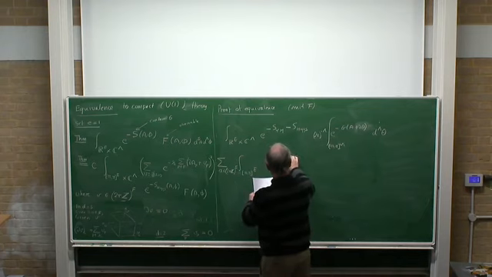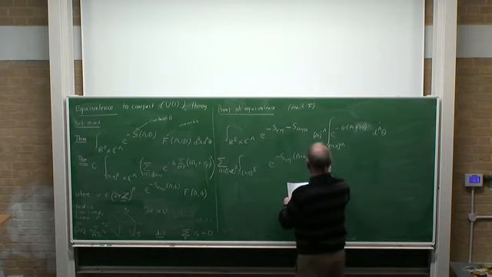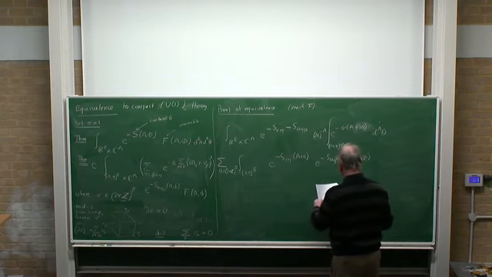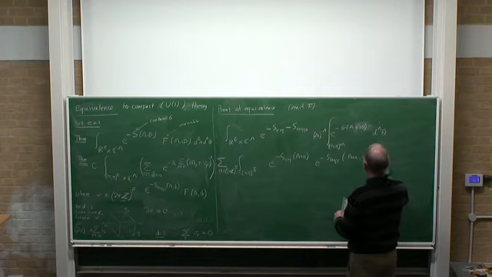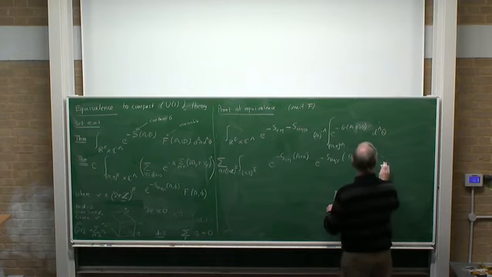S Yang-Mills, capital A plus little a. E to the minus S Higgs, A, phi. And we put a little a here. And then we have the rest of this thing.